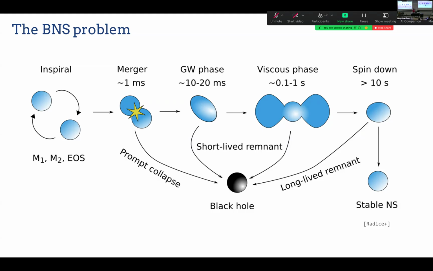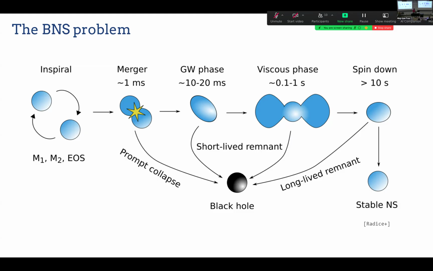You have two neutron stars which are inspiraling, and they merge and usually form some kind of remnant with some accretion disk around it. There are various parameters on which the evolution of these neutron stars depends, for instance the masses and the spins of the neutron stars. Besides this, you also have a nuclear equation of state, and this largely determines how things turn out in the end.